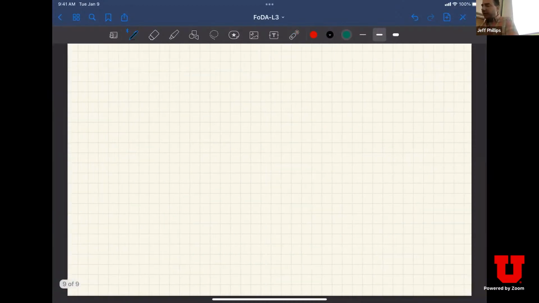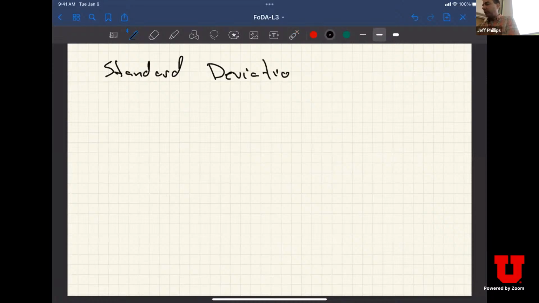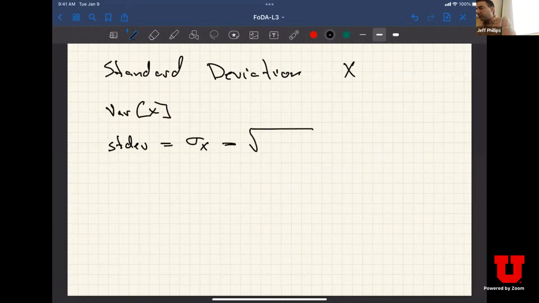There's this other notion, the standard deviation, of random variable X. I usually write the variance of X this way, whereas the standard deviation I typically write as sigma of X. This is just the standard way of writing this, and it's equal to the square root of the variance of X.